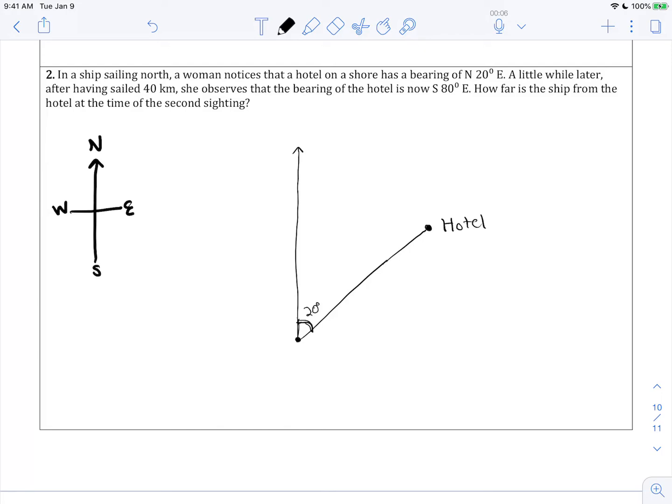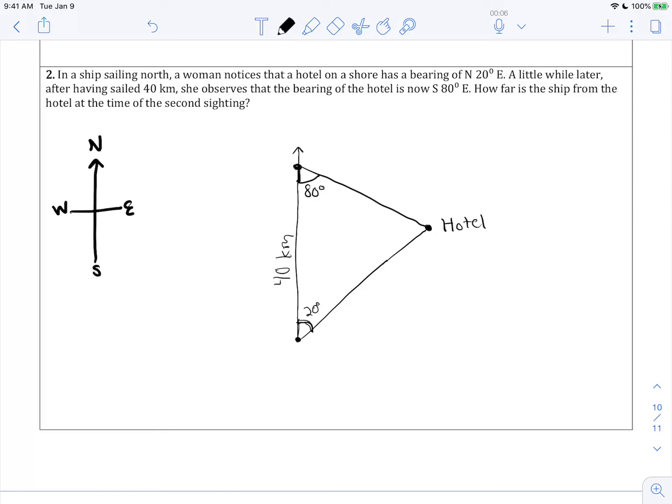A little while later, after having sailed 40 kilometers, and remember, they're headed north, so this is 40 kilometers, she observes that the bearing of the hotel is now south 80 degrees east. So from up here, from south, 80 degrees east.